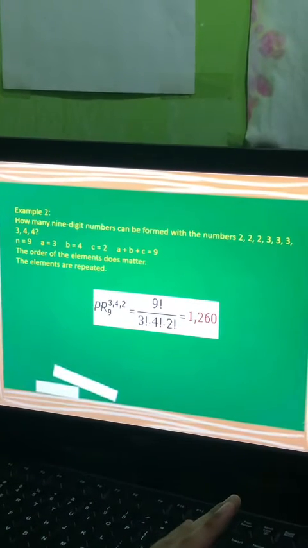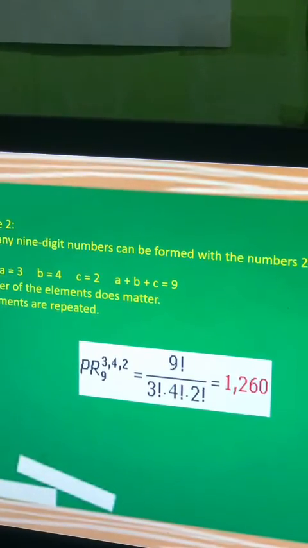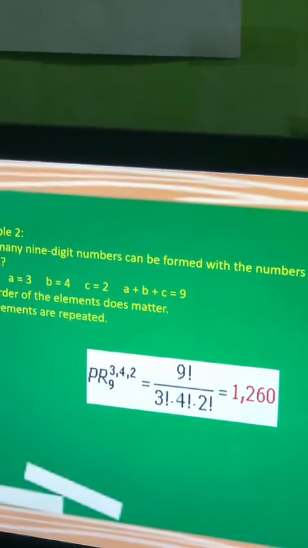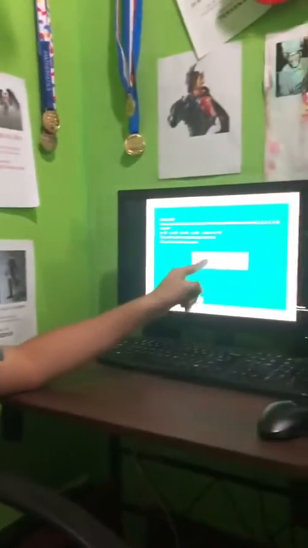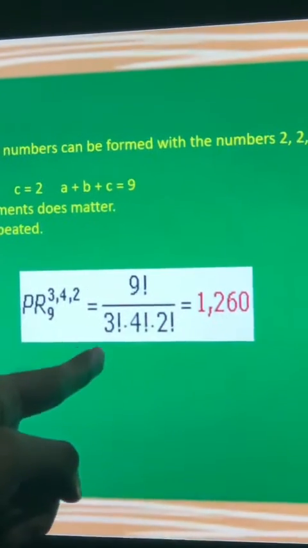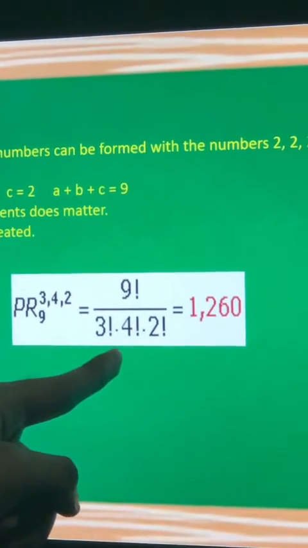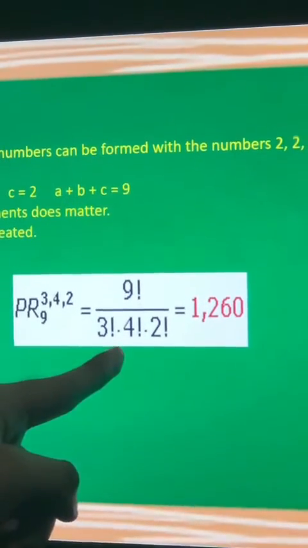So a plus b plus c equals 9. The order of the elements does matter, and the elements are repeated. To solve for it, 9 factorial over 3 factorial times 4 factorial times 2 factorial, respectively, is equal to 1260.